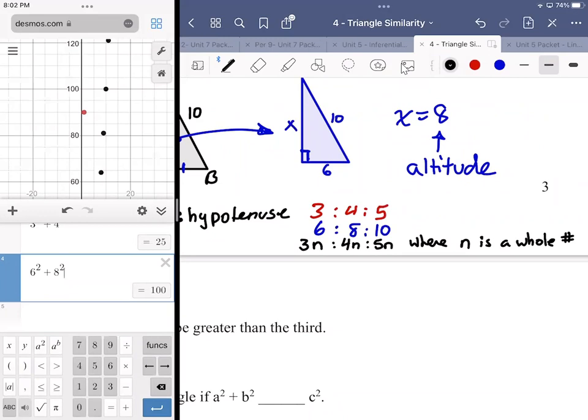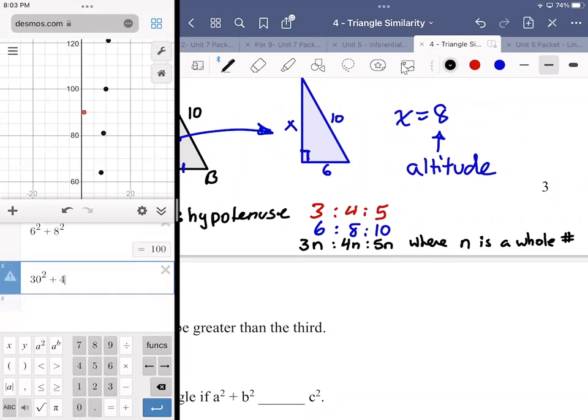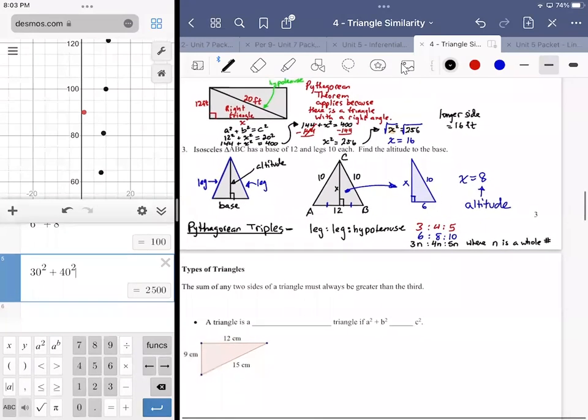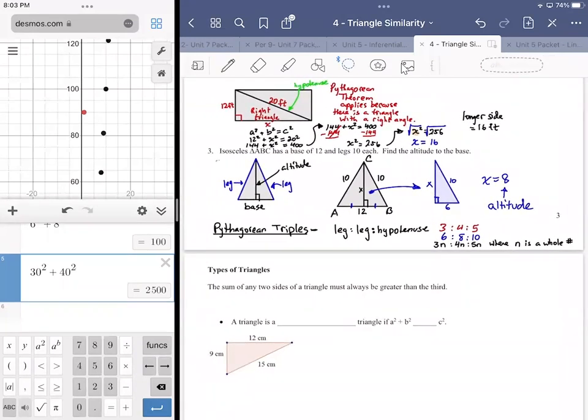Right? So, like if I wanted to do 30, 40, and 50, 30 squared plus 40 squared, 2,500 is 50 squared. Right? So that would be one set of Pythagorean triples. There's actually more. I'm going to reduce a little bit to get them in there.